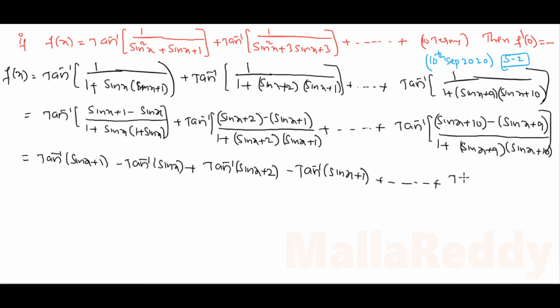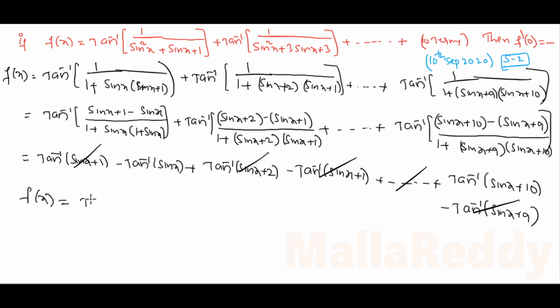This term is also written as tan inverse of sin x plus 10 minus tan inverse of sin x plus 9. So here tan inverse of sin x plus 1 plus value, this minus value cancelled. Similarly tan inverse of sin x plus 2 cancelled. Here minus value cancelled. So therefore f of x is equal to tan inverse of sin x plus 10 minus tan inverse of sin x.